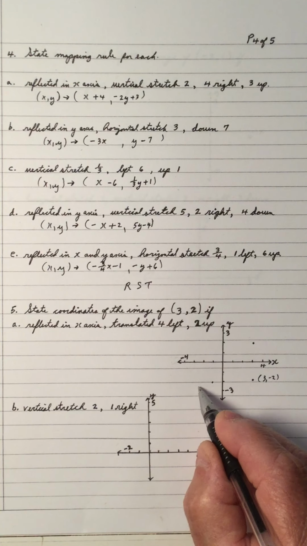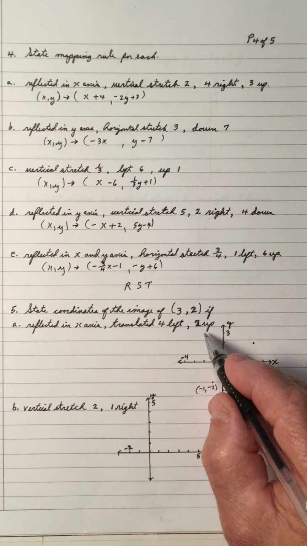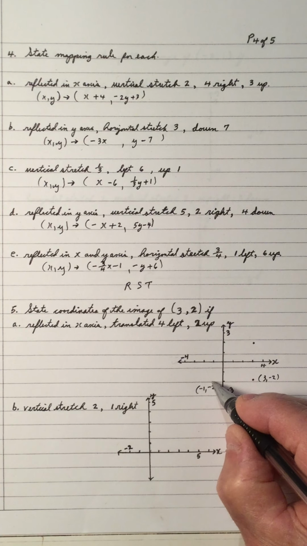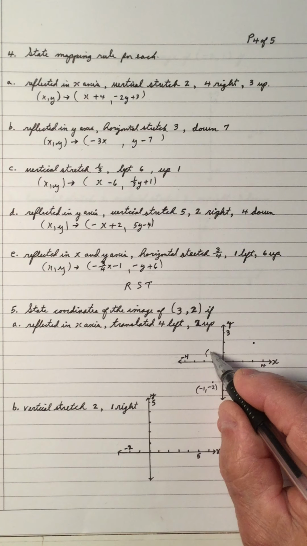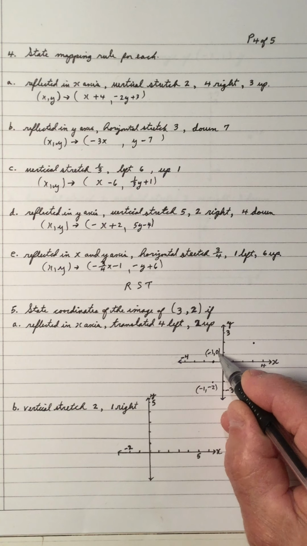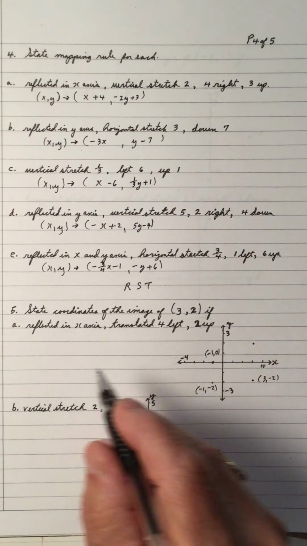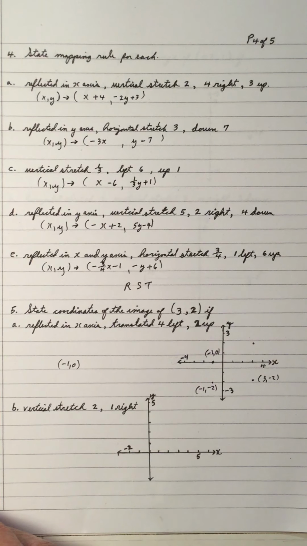So that point becomes negative 1, negative 2. And then you have to move it up 2. So move it up 2, 1, 2. So there's the new point at the end. So that's negative 1, 0. So the final result is negative 1, 0.